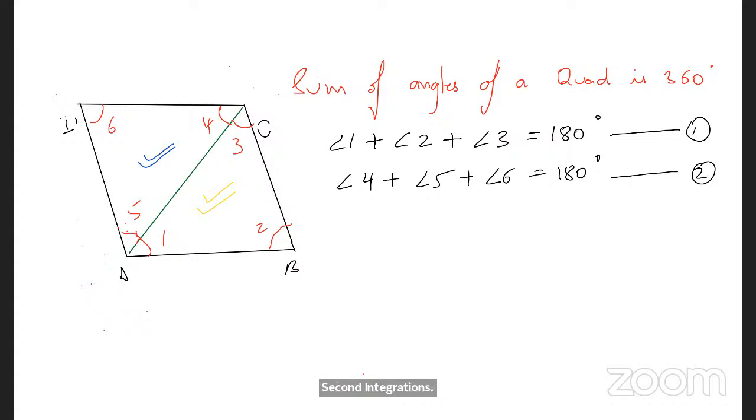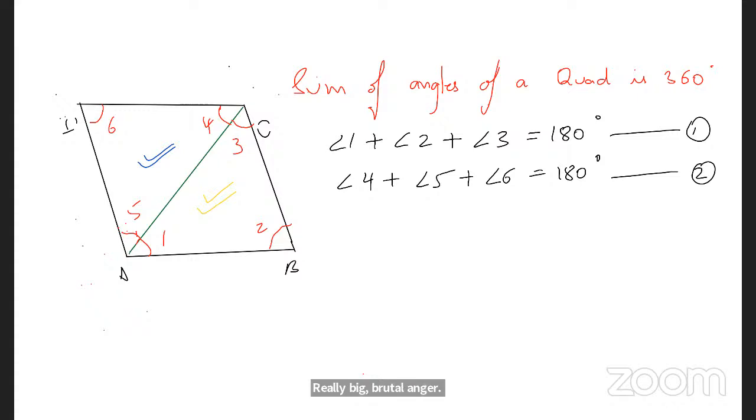Now, angle 1 will be equal to angle 5 in triangle DAB. Okay, angle 1 equals to angle 5 and angle 3 will be equal to angle 4. How, ma'am?